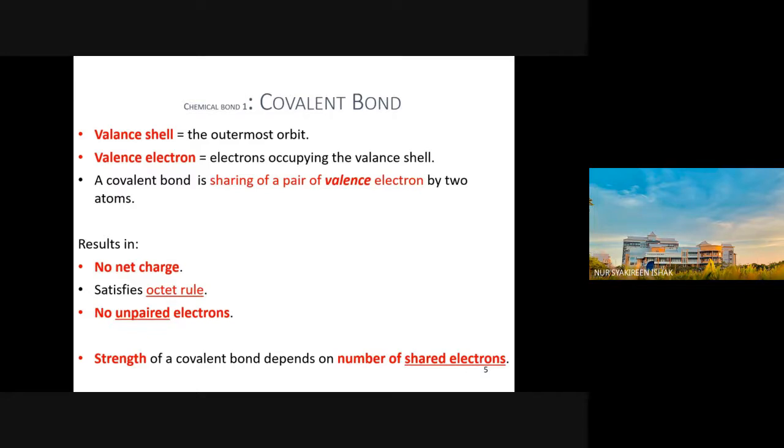It means that the molecule will have no charge. It will satisfy the octet rule, and there will be no unpaired electrons. The strength of a covalent bond depends on the number of shared electrons. So the more electrons are shared, the stronger the covalent bond.